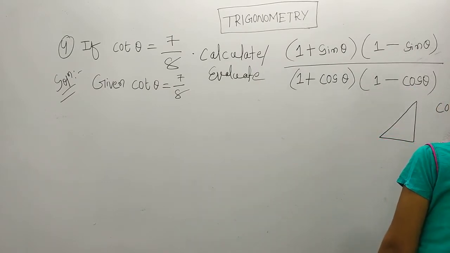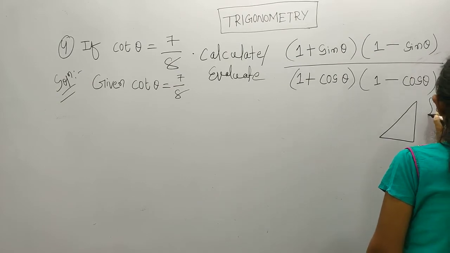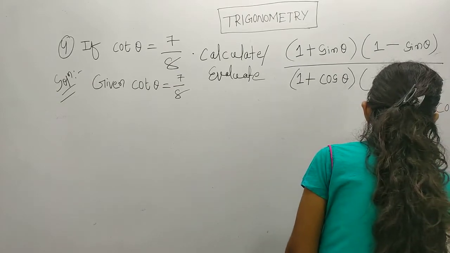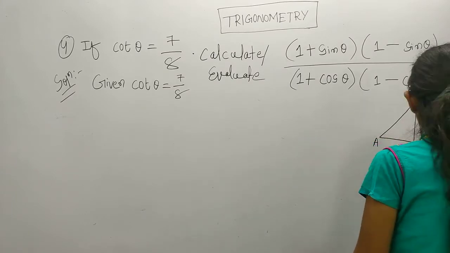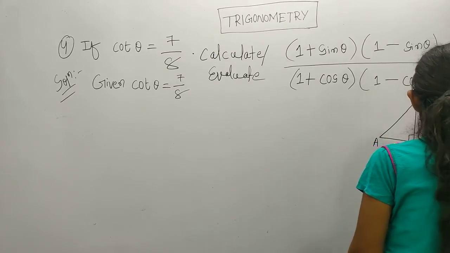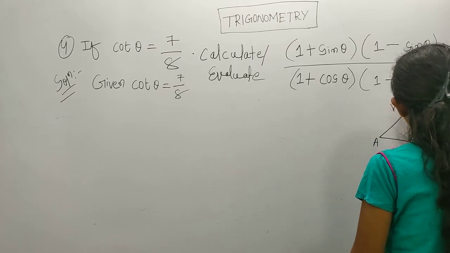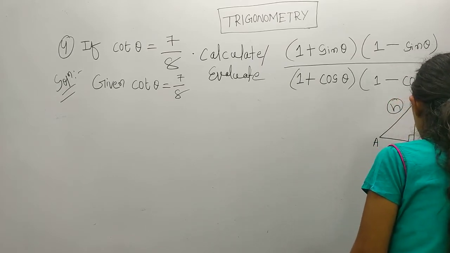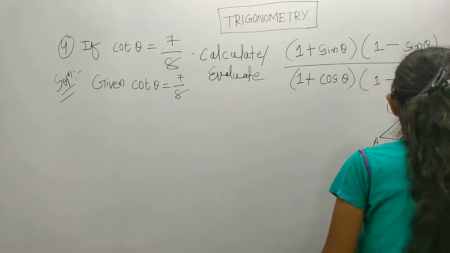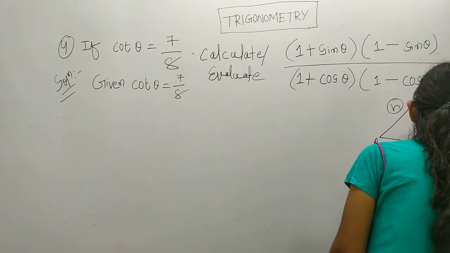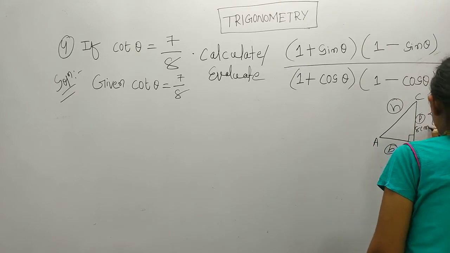Cot theta equals B by P, right? Here is angle A, here is B, and here is C. So this is the perpendicular, this is the hypotenuse, and this is the base. So base is 7 cm and perpendicular is 8 cm.